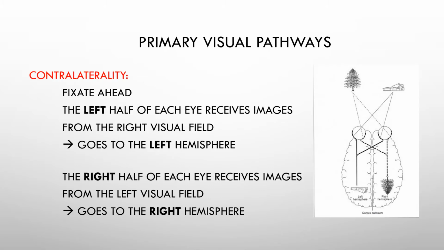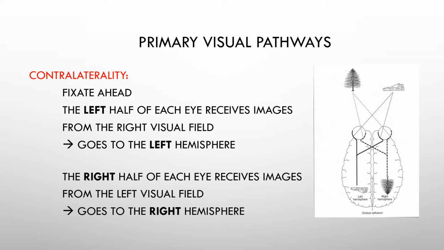One of the aspects of the way visual information is sent to and through the brain is that we have contralaterality. So if you fixate straight ahead, I'm just going to use this example. If I'm looking straight ahead at a fixation cross in the middle and there's a tree to my left and a house to my right, the left half of each eye is going to receive images from the right visual field.